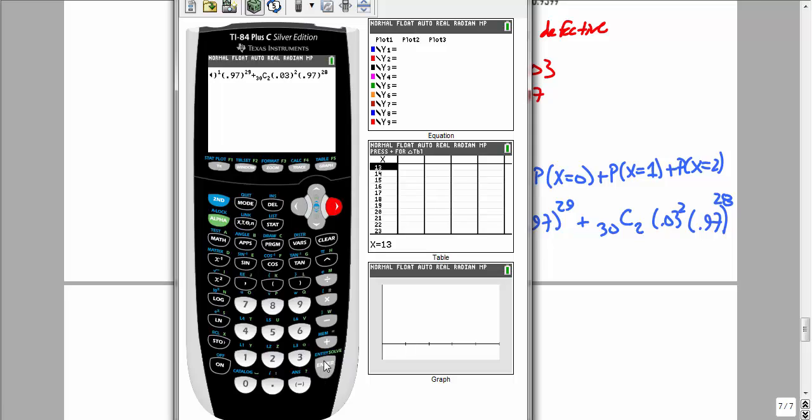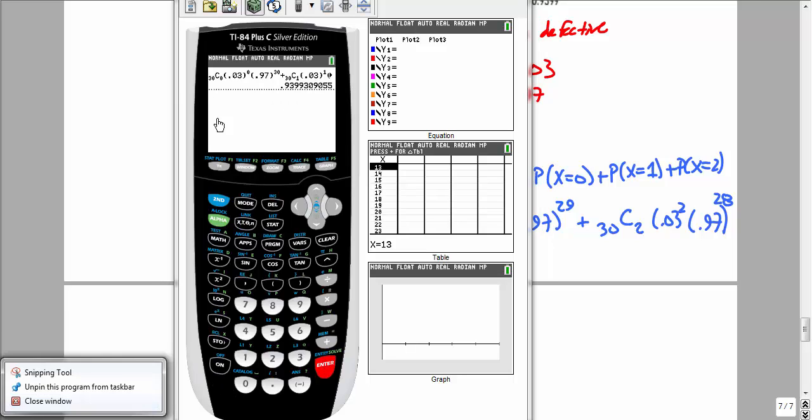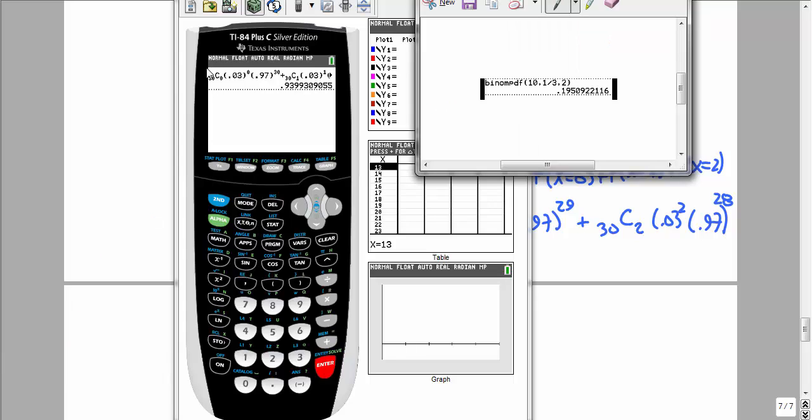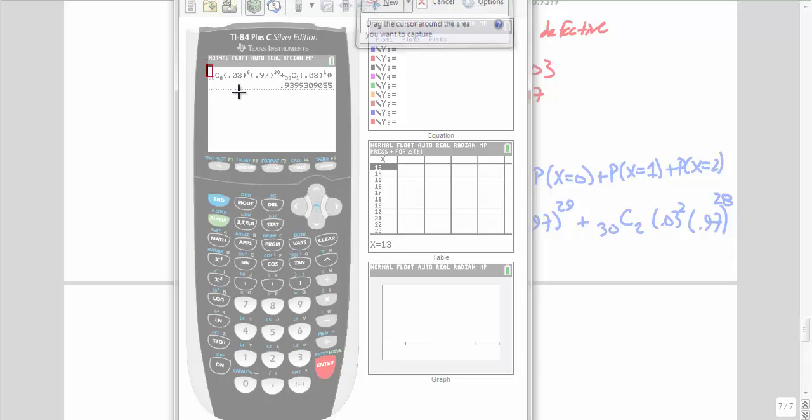Let's go ahead and hit enter and see what we have. 0.9399 is what it looks like. Now we can't see the whole thing on the screen, but we can see the start of it in our answer.